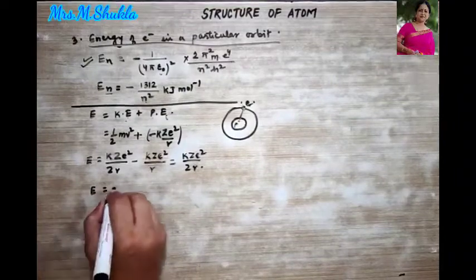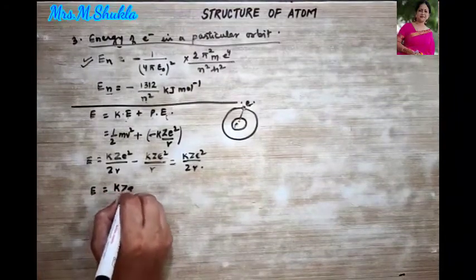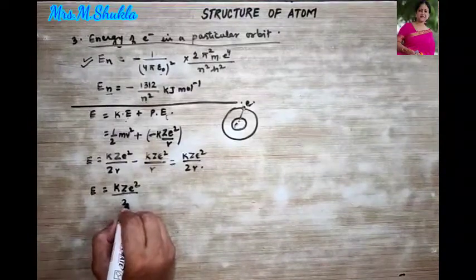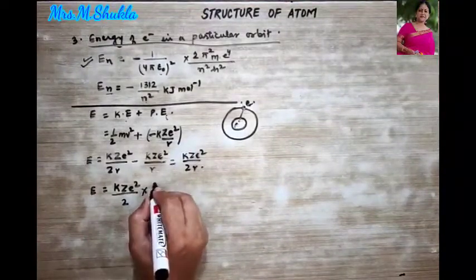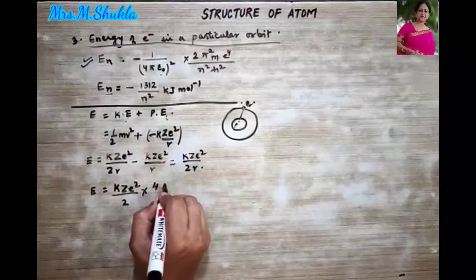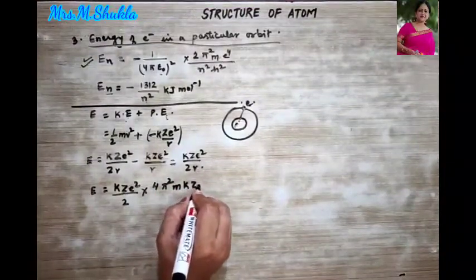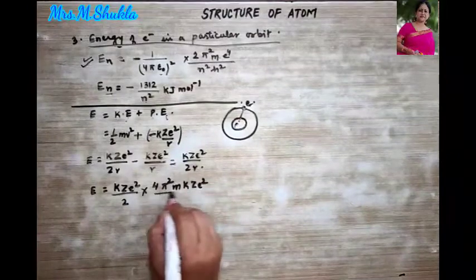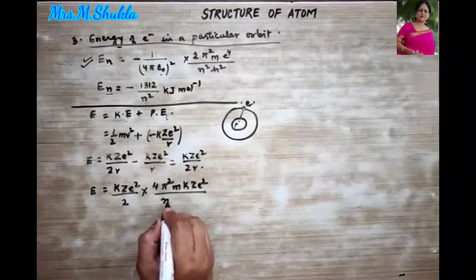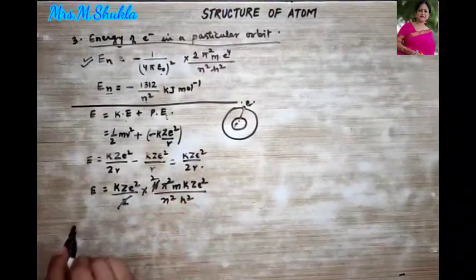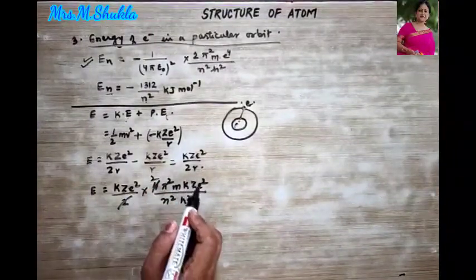Okay, so over here now putting the value of r, how? E is equal to K Z E square upon 2 into 4 pi square m K Z E square upon n square h square. This and this also get cancelled over here.